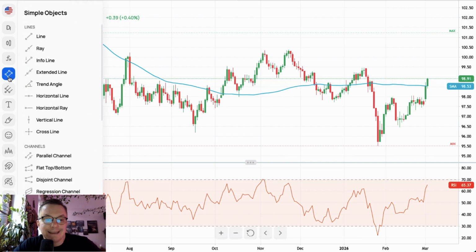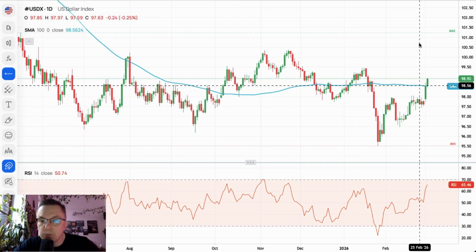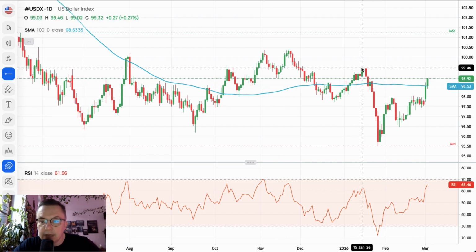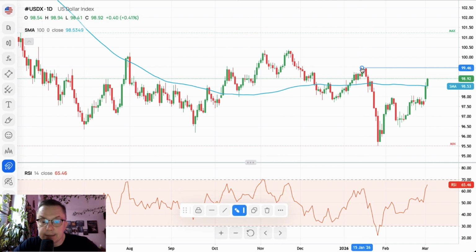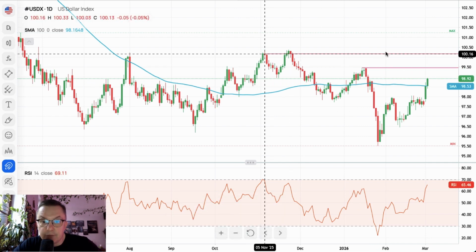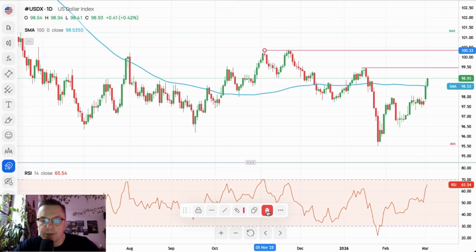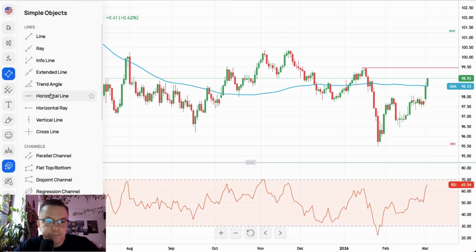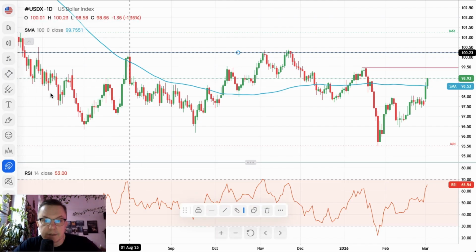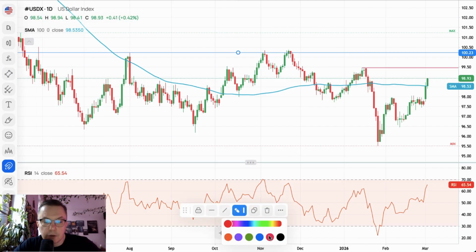Next target on the daily time frame chart is located at 99.46, and this is the technical resistance. If we look a little bit further, we got very strong technical resistance at 100.33. Let me just mark it by using the horizontal line. Very strong horizontal line.